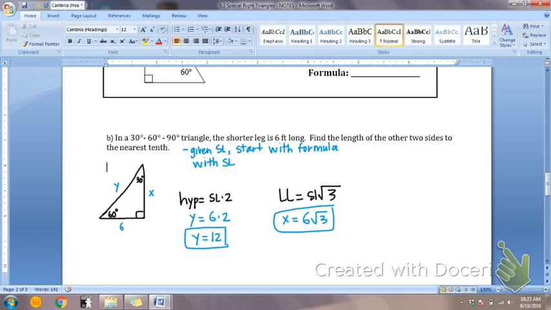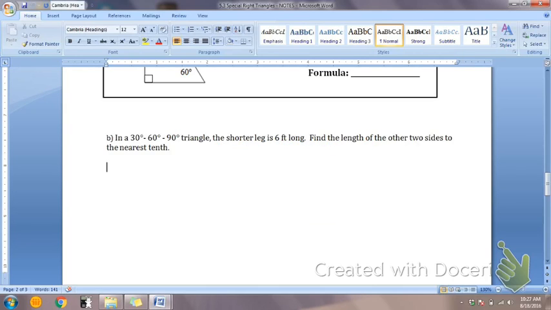So I want to do an example real quick. Let's draw another picture over to the right side of your paper. If I tell you that this is 30, this is 60, and I'm going to give you the long leg, which is 4.